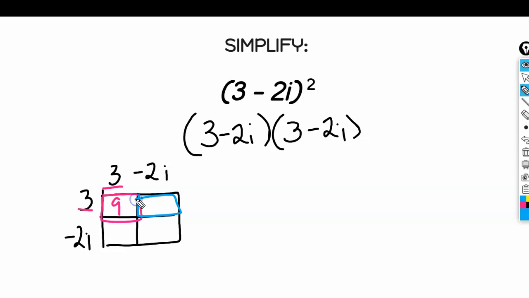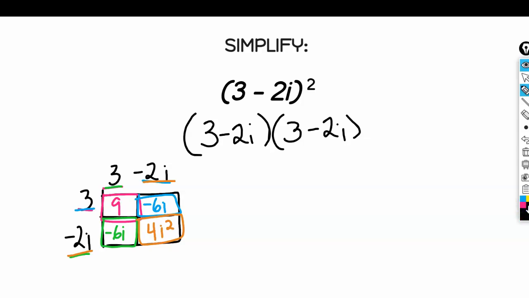In this next space, I've got 3 times negative 2i, which is negative 6i. In this third space, I've got negative 2i times 3, which is negative 6i. And then in this last space, I've got negative 2i times negative 2i, which is positive 4i squared, because negative 2 times negative 2 is positive 4, and i times i is i squared.